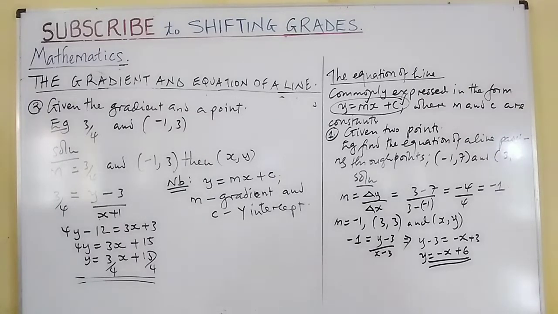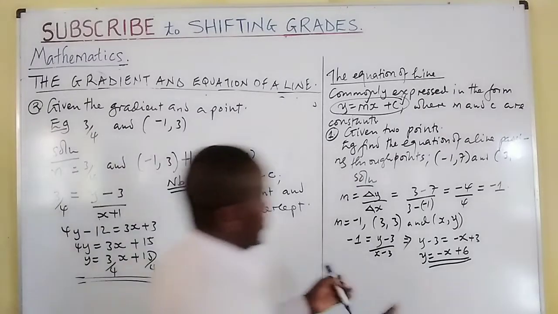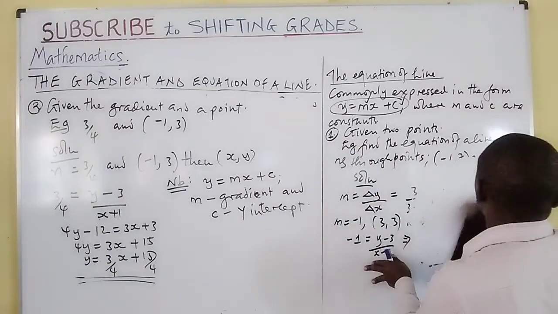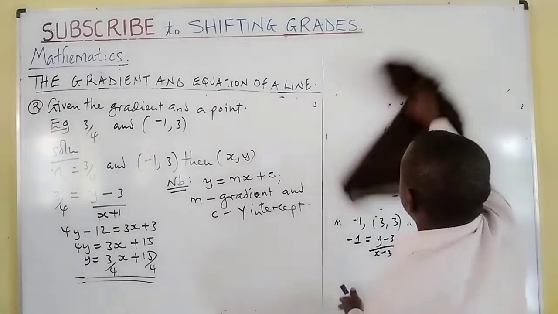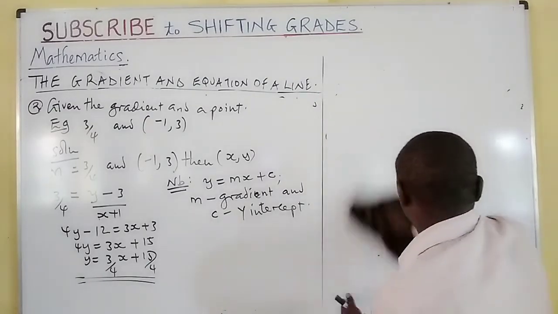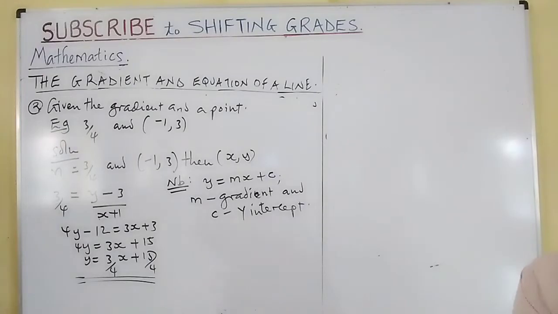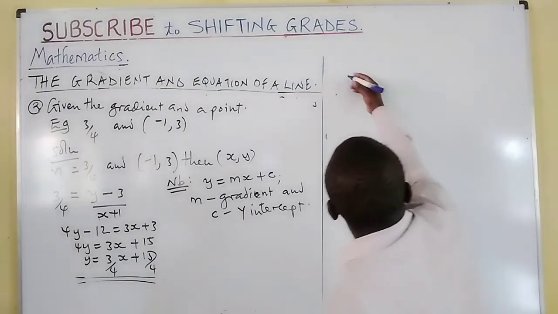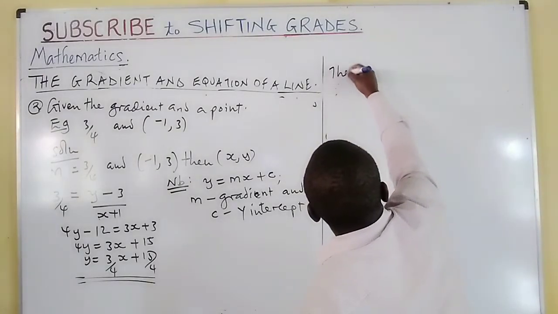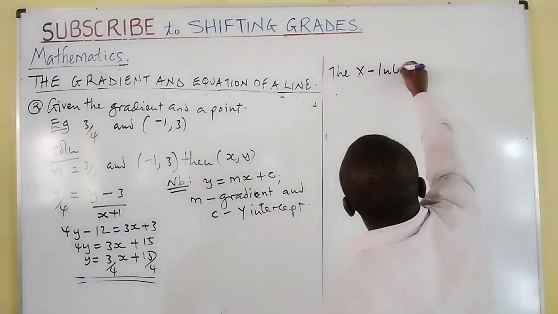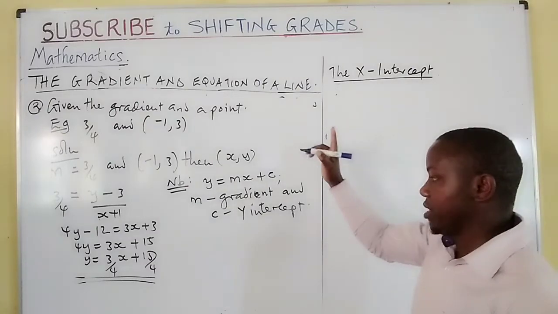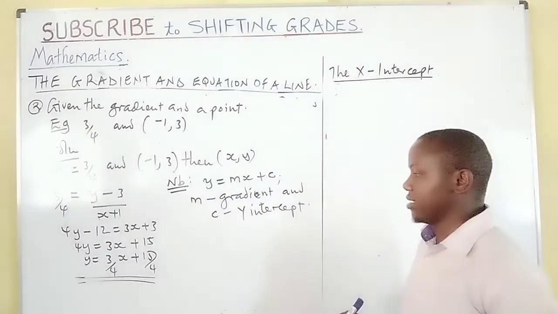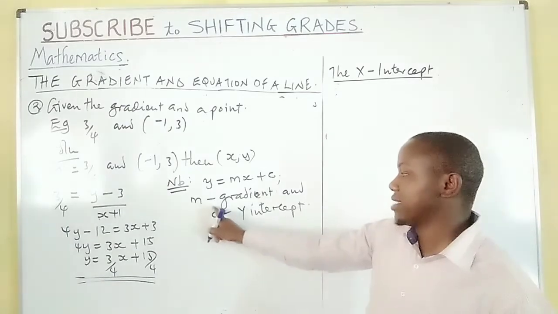There is something else called the x-intercept. For the y-intercept, we have already said that it is given by the constant c in the equation.